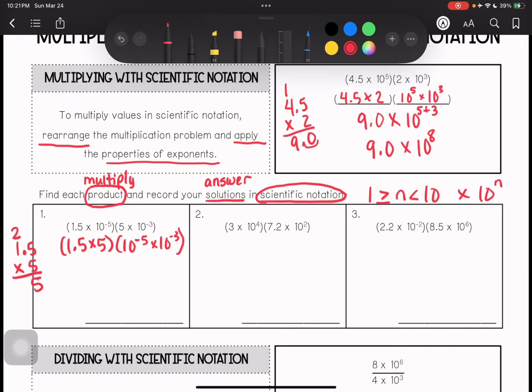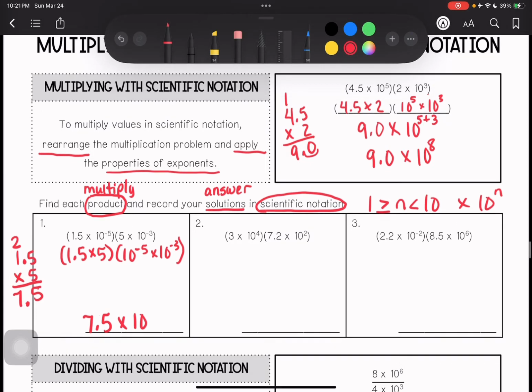Carry a 2. 1 times 5 is 5, plus 2 is 7. You have one decimal place. So that's 7.5 times 10 to the, here we have the same base, so we add the exponents. A -5 plus a -3 is a -8 power.